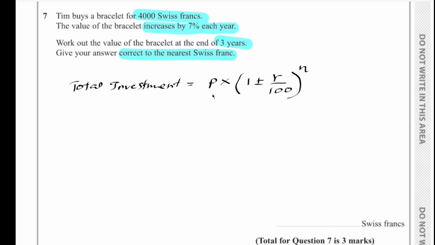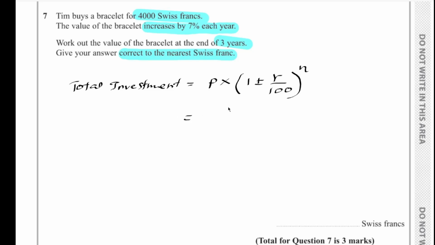Here P means the initial value or principal value, the value that you are taking to the bank initially. You have to include addition when it is increasing, and subtraction when it is decreasing. R means the percentage, and n means the number of years.